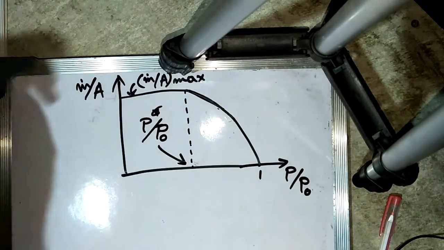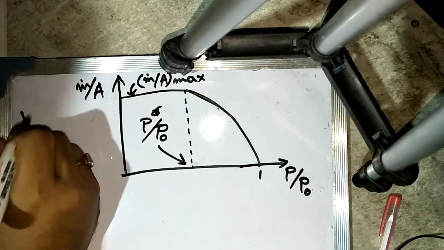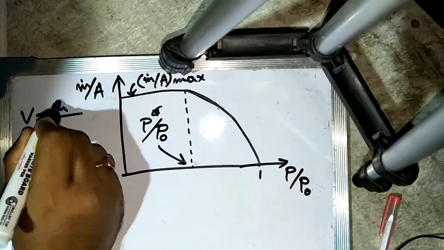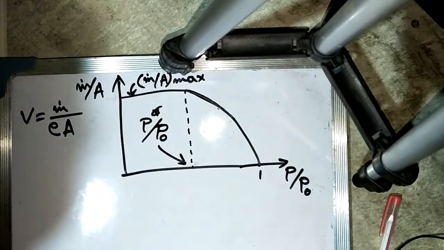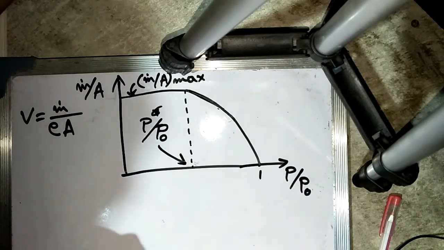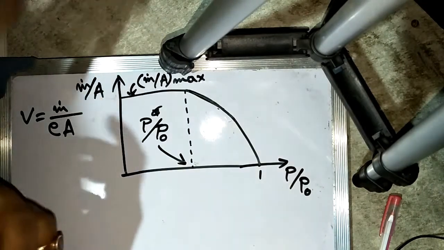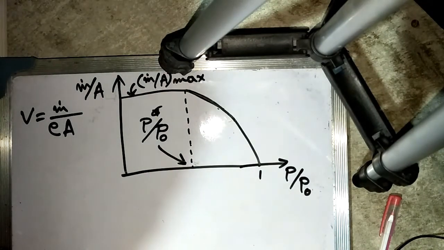In other words, since we know that V equals ṁ / (ρA) for a certain mass flow rate ṁ, with the decrease of pressure the density decreases at a faster rate than the rate at which the area increases, as a result of which the velocity continues to increase, and this is true only for compressible fluid.